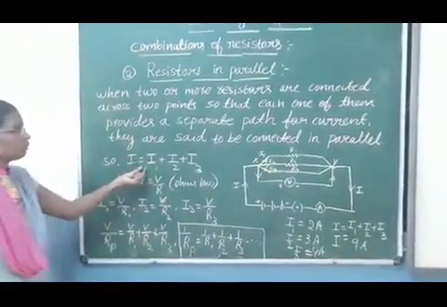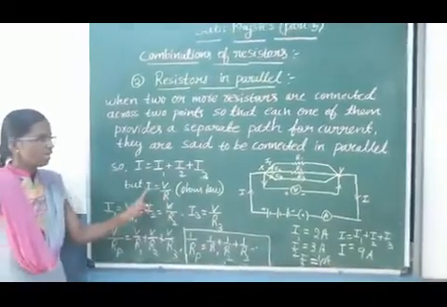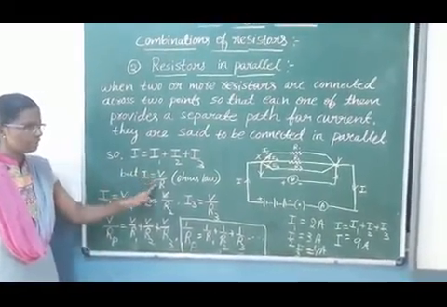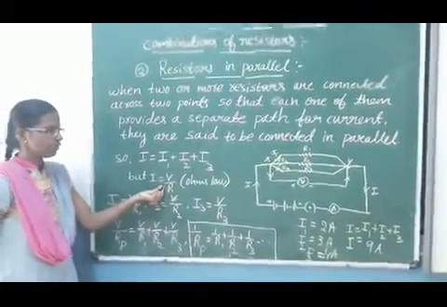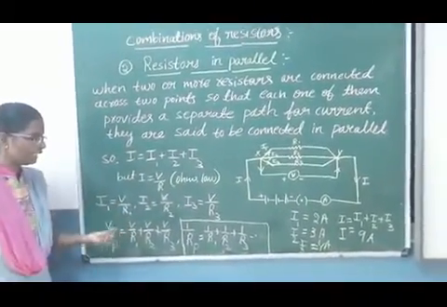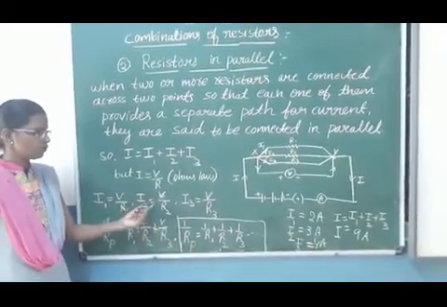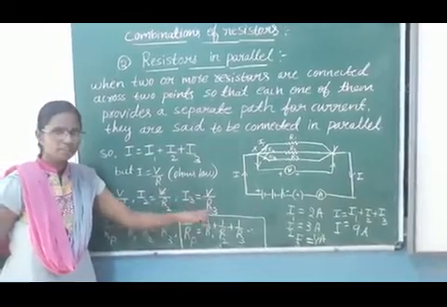So here I is equal to I1 plus I2 plus I3. But in Ohm's law, I is equal to V by R, the ratio of potential difference and resistance across the circuit. Substituting this in the first equation, we get I1 is equal to V divided by R1, I2 is equal to V divided by R2, I3 is equal to V by R3.